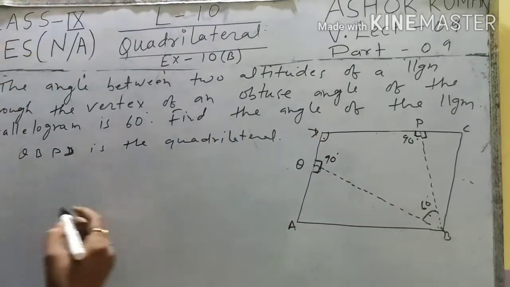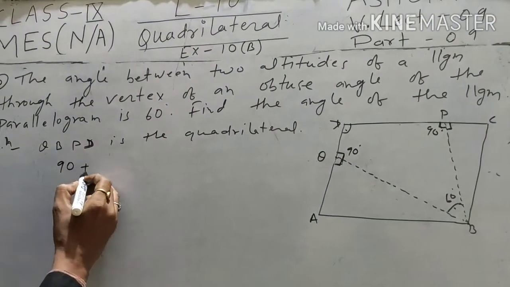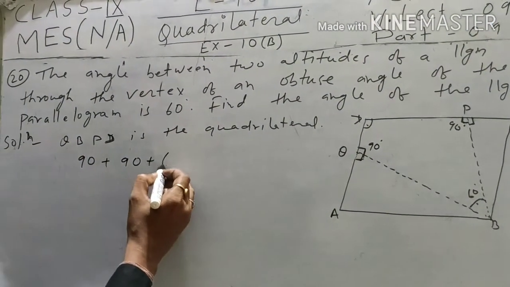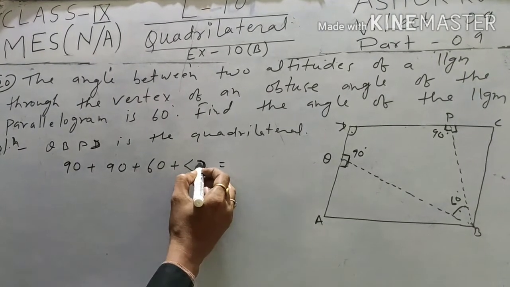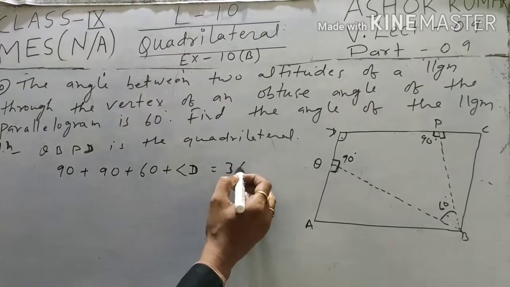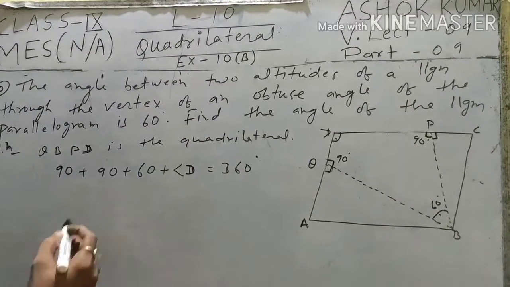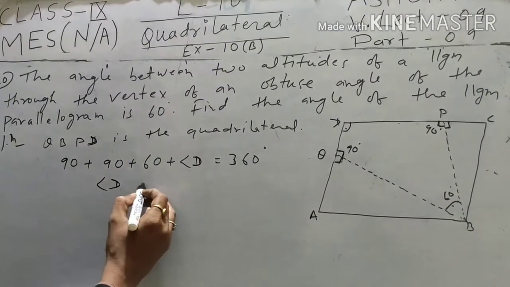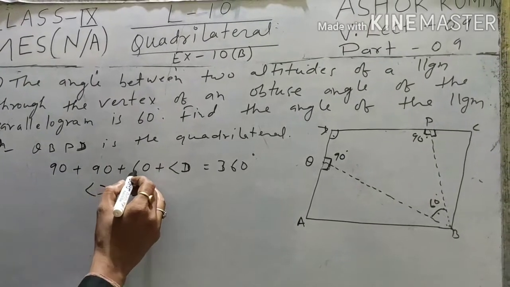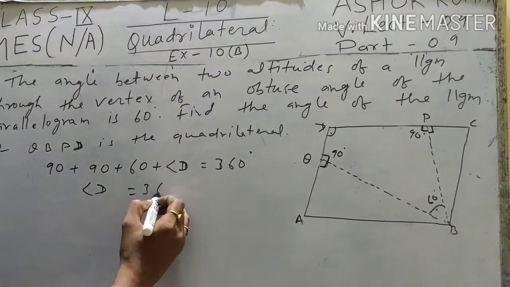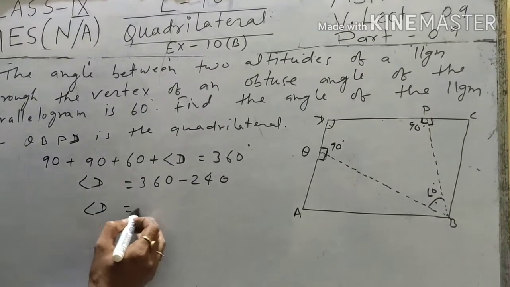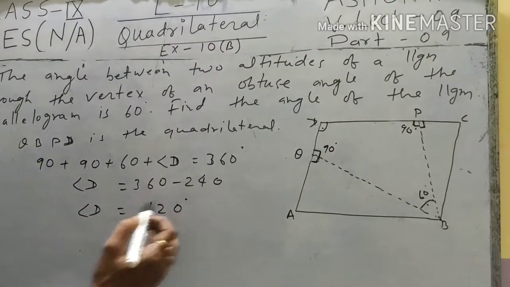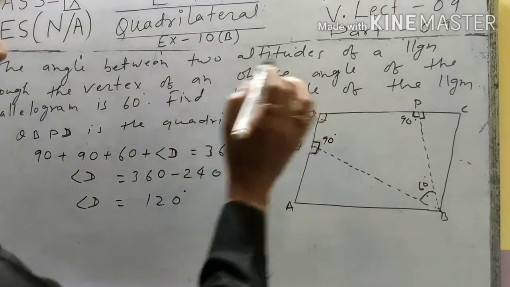So we will find the angle D. Write down here 90 plus 90 plus 60 plus angle D is equal to 360 degree, the property of quadrilateral. So angle D is equal to 360 minus 240. So angle D is equal to 120 degree.